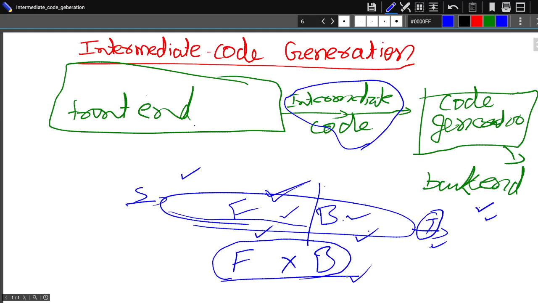That is why we have the front end as well as the back end. Now, the front end's role is to produce intermediate code, and this intermediate code should be represented in a way that the code generator can easily transform it into the machine respective code. The back end is dependent on the machine, but still the front end has to generate intermediate code, and it has to be represented in a particular way, right?